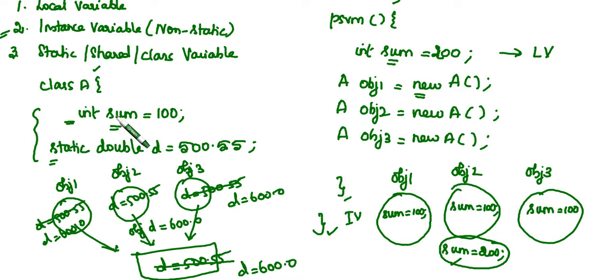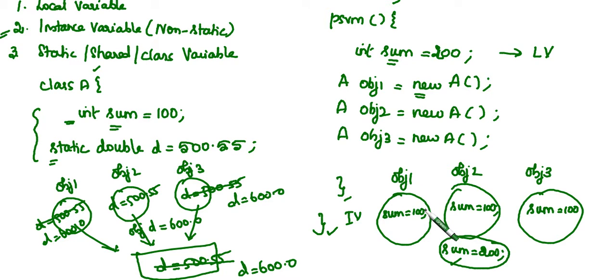Next, instance variable and static variable, they belong to the classes. The main difference between the instance and the static variable is, in an instance variable each object will have its own copy, and even if a change is made in one object, it will not get reflected in another object.